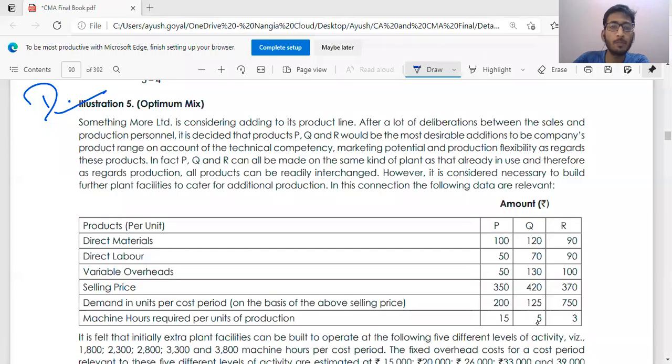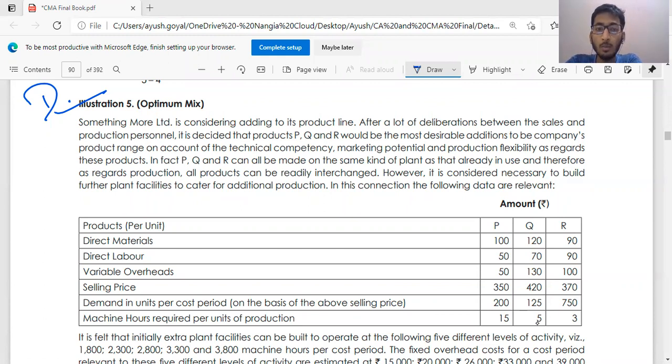Let's read the question. Something Limited is considering adding to its product line. After a lot of deliberation between the sales and the production personnel, it is decided that product PQR would be the most desirable addition to the company's product range on account of technical competency, marketing potential, and production flexibility as regards these products.